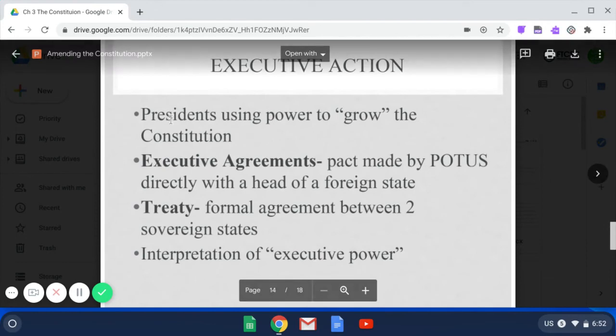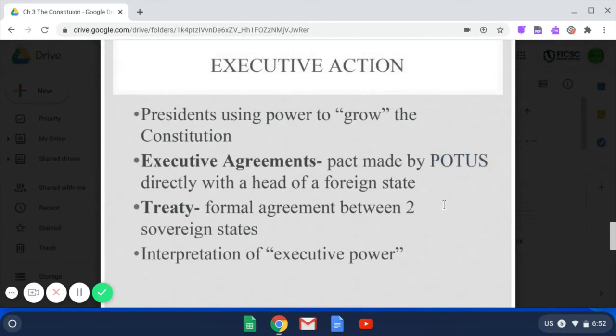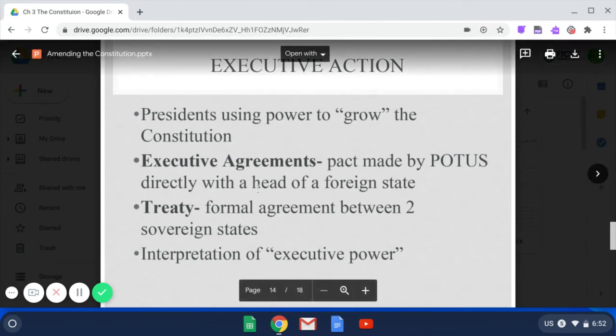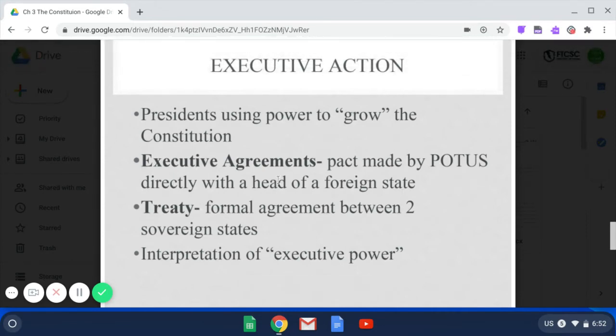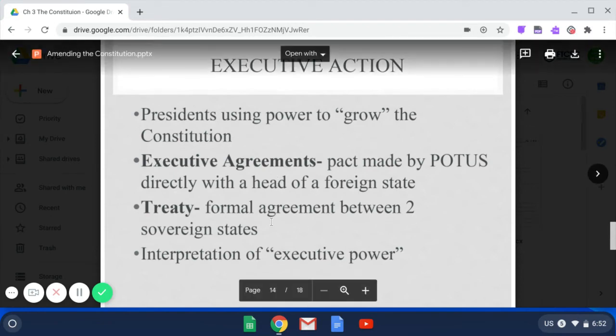So executive action is how the presidents will use power to grow the Constitution. If you don't know what POTUS means, it just means President of the United States. SCOTUS is the Supreme Court of the United States. Executive agreements are agreements that the president makes with another leader of another country.